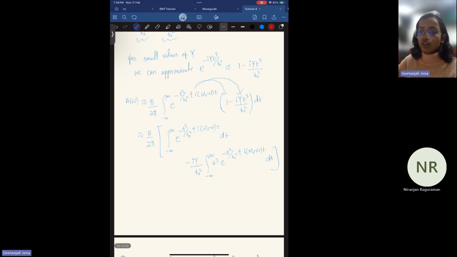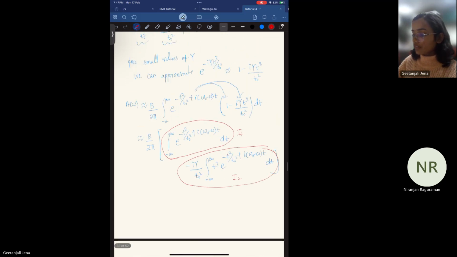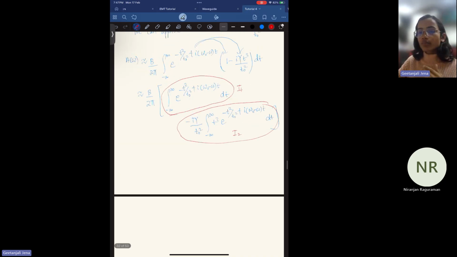So let us solve term by term. Let us say this first term is I1 and this is I2. I1 you can easily calculate because it is similar to what we have seen in the lecture. I1 is the integral from minus infinity to infinity of e to the power minus t square over T0 square plus i omega 0 minus omega t.